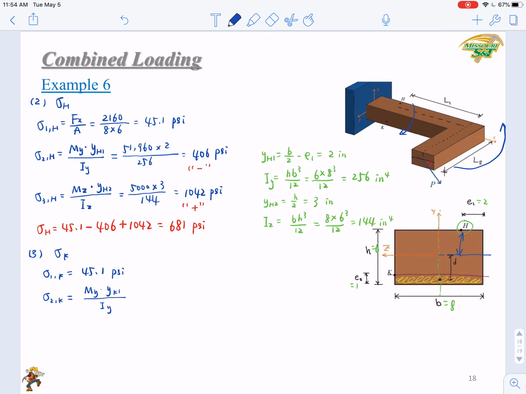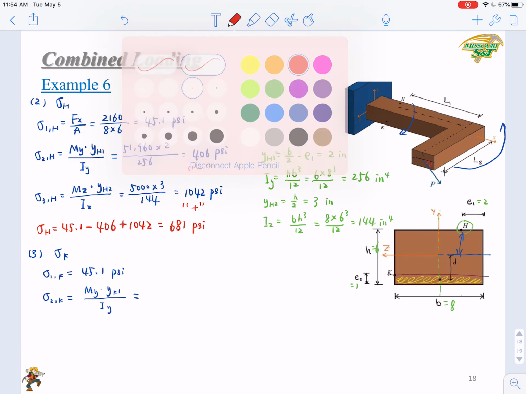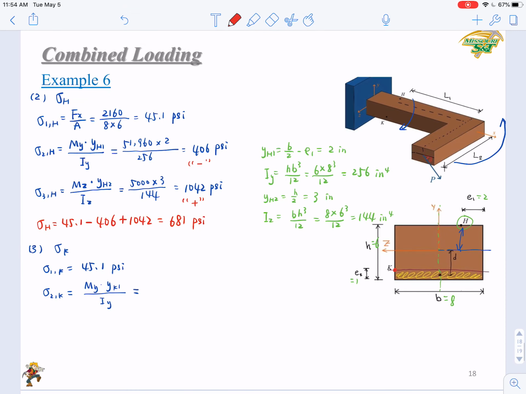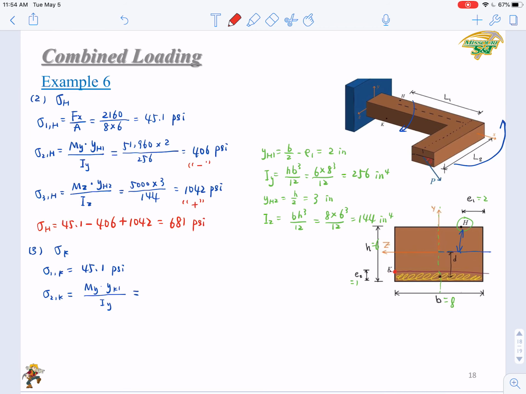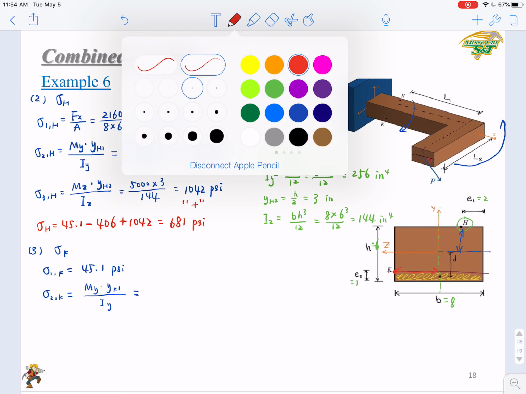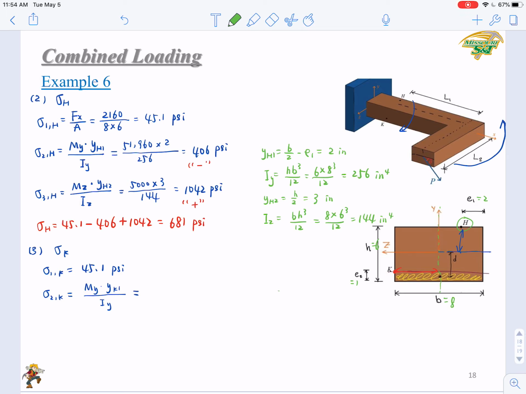What is the YK1? Point K is right here. So when we examine YK1, when you have My, the distance is here. So that is half B, or 4. So YK1 is half B or 4.